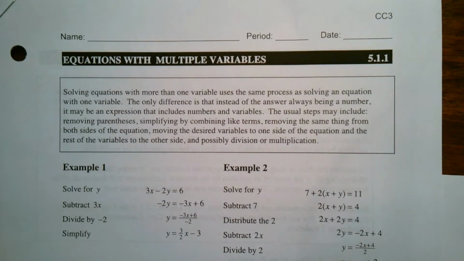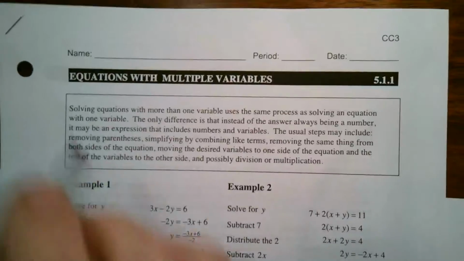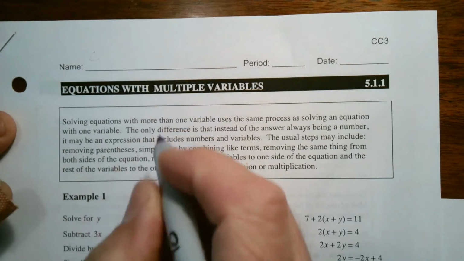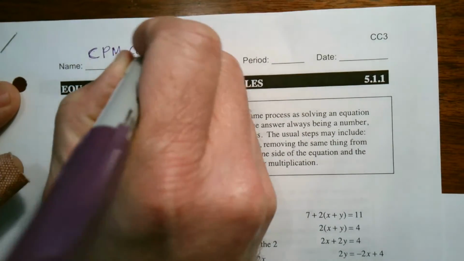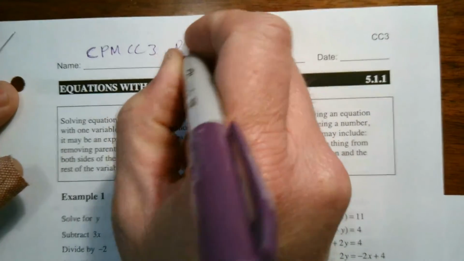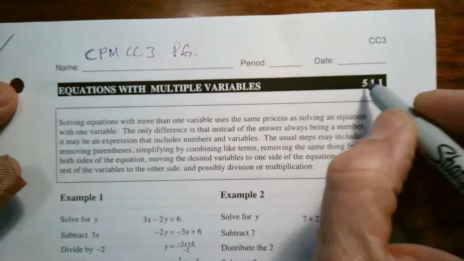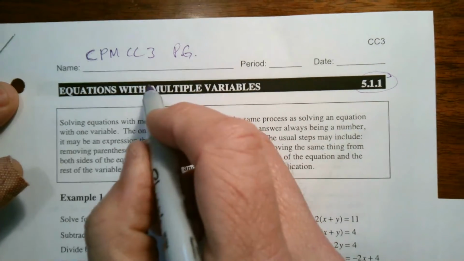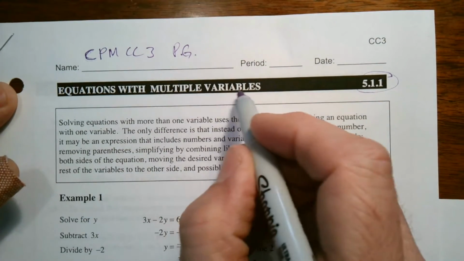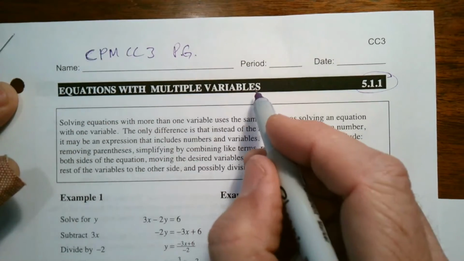We are looking at solving equations with multiple variables. I'm going to pick a few questions from the CPM Course 3 parent guide, specifically section 5.1.1, solving equations with multiple variables.